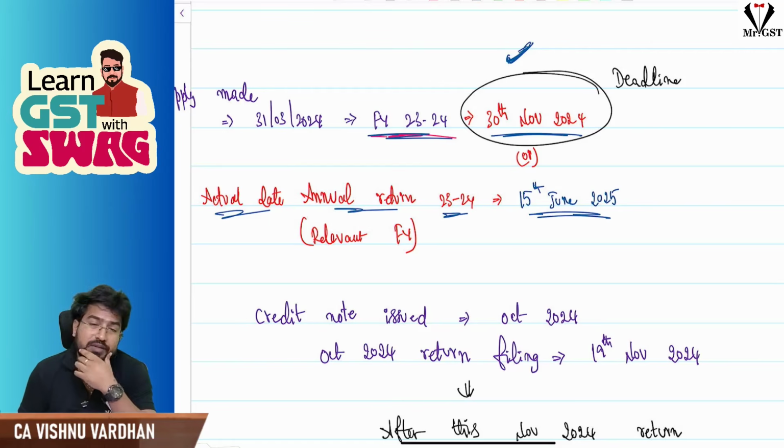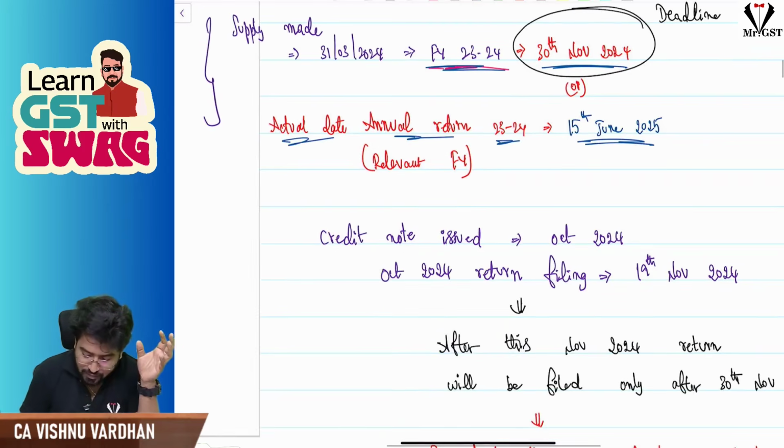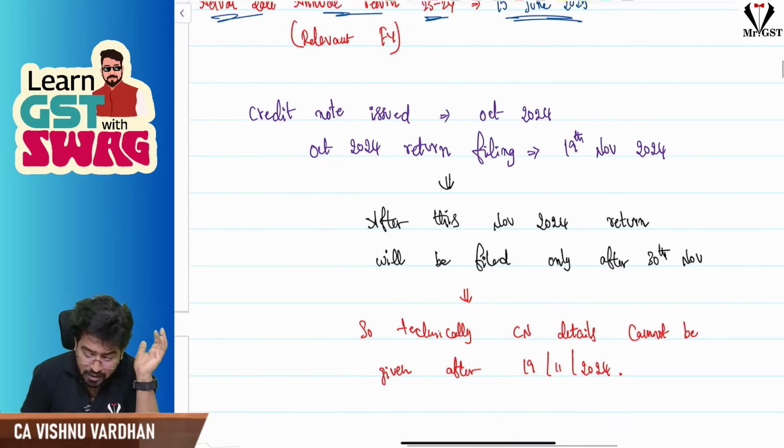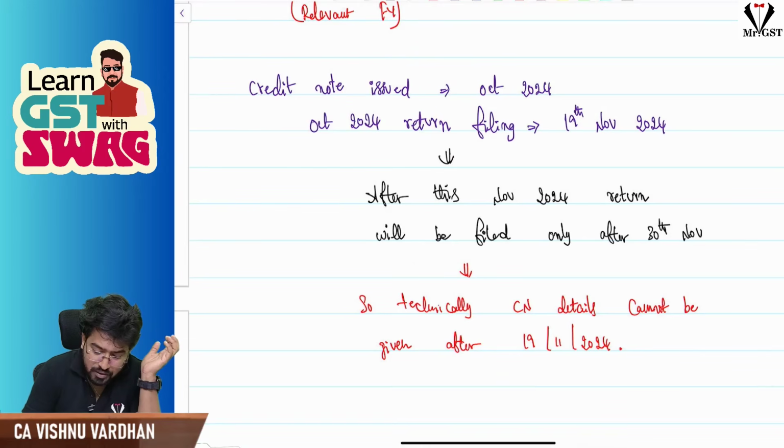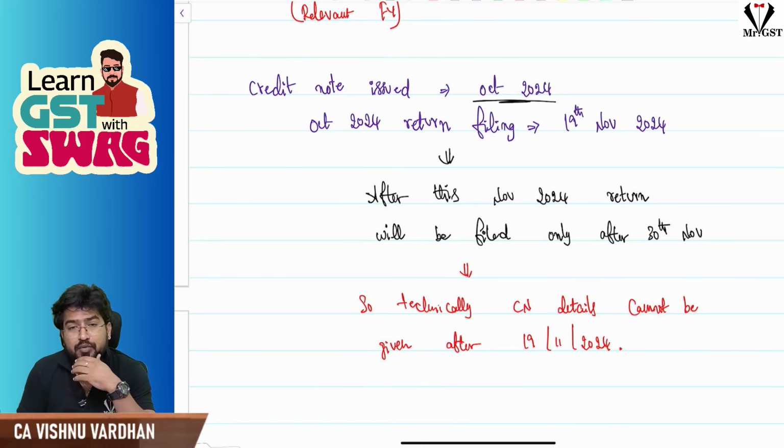Now the disadvantage here is, this fellow has identified this late. He identified this only in the month of September and issued the credit note in October 2024. Your deadline to give the credit note details is 30th November, but you issued the credit note itself in October 2024. This has to be reported in the October month GSTR1.